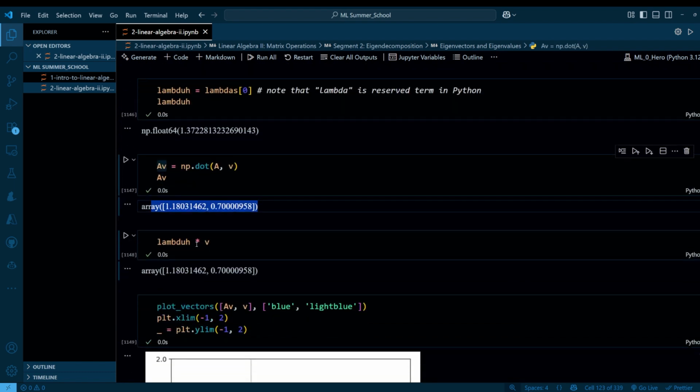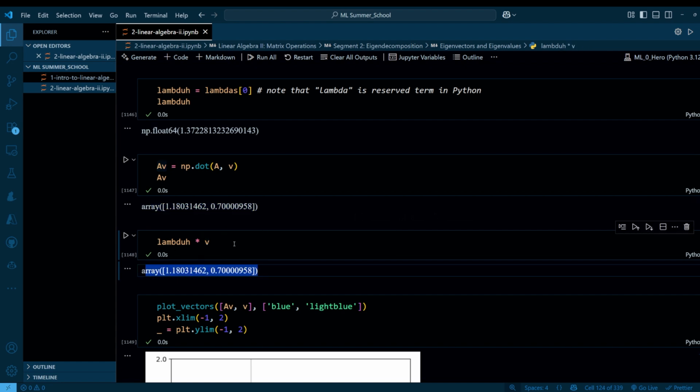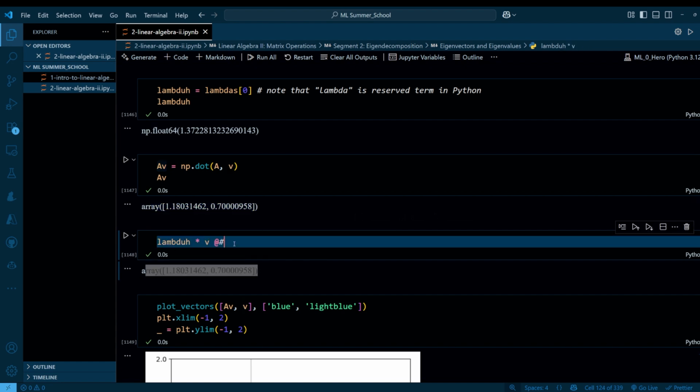And then as we know, Av, the matrix with its eigenvector, is basically the eigenvalue multiplied with its eigenvector. So you can see exactly the same. That means they verify. That's for the verify purpose.